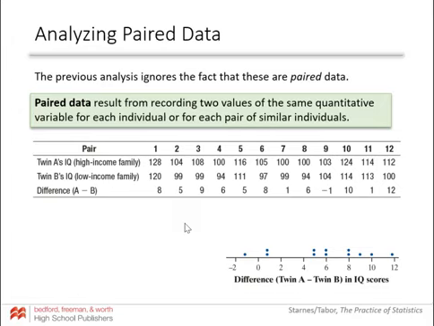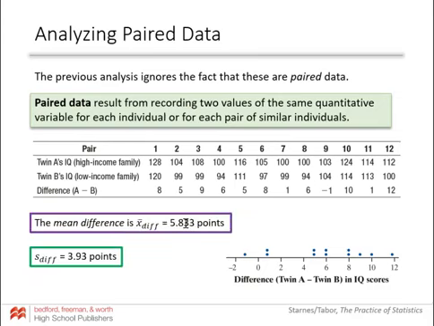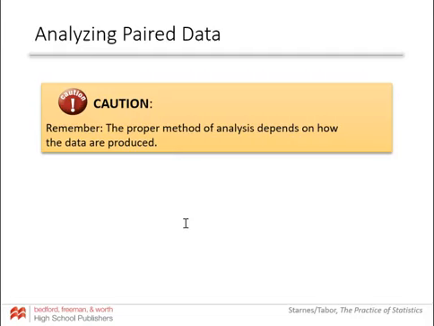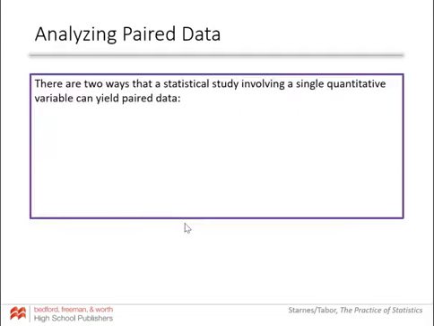Okay, and when we do that, we see that there's a mean difference of 5.8 points and a standard deviation of 3.9. Okay, so when we are deciding which procedure to use, it depends on how the data are produced.